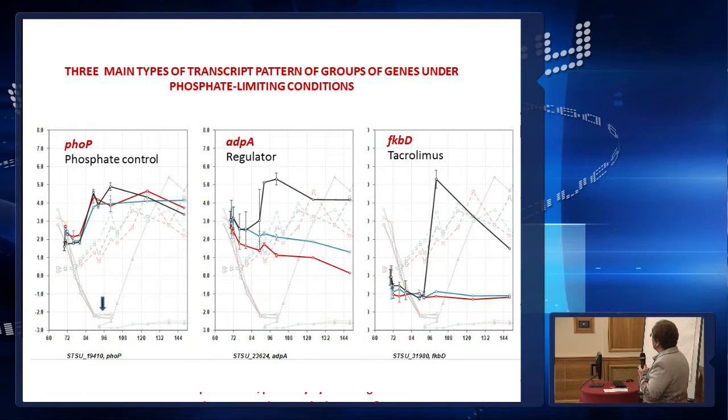And finally, other genes, as the tacrolimus biosynthesis genes, when phosphate is depleted, increase expression strongly, even 10 times, but in the presence of non-permissive sugars, they are not expressed.